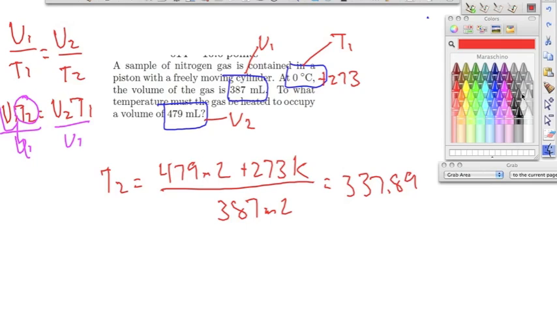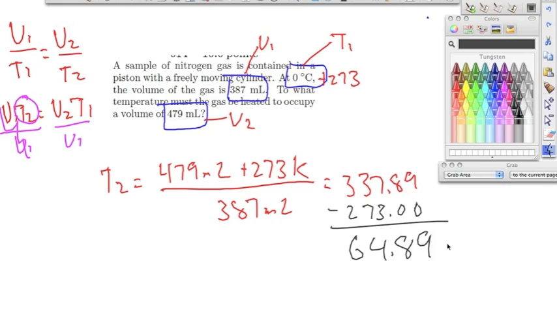Now remember, it wants it in units of Celsius, so after we get done, we go ahead and subtract 273 Kelvin from it to get it back into Celsius, and we get an answer of right around 64.8992 degrees Celsius.